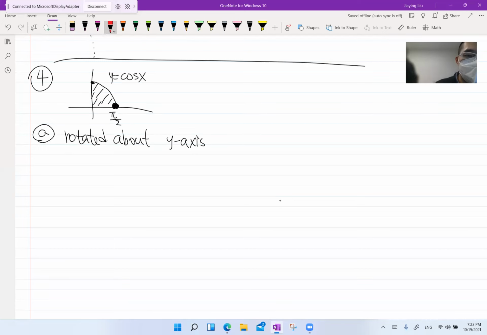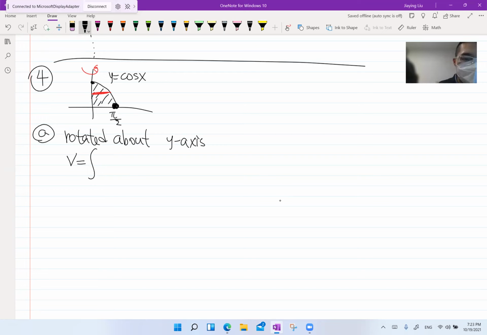So the first approach, we're rotating about the y-axis. Let's say we want to use the disk method. So we're going to slide the disk horizontally. The volume is equal to the integral of the volume of one disk, which is pi r squared times the thickness.